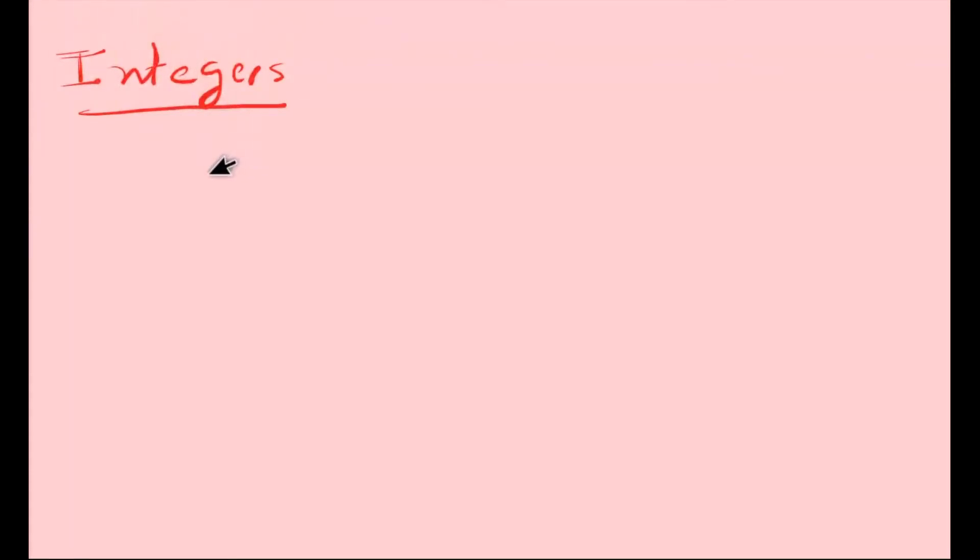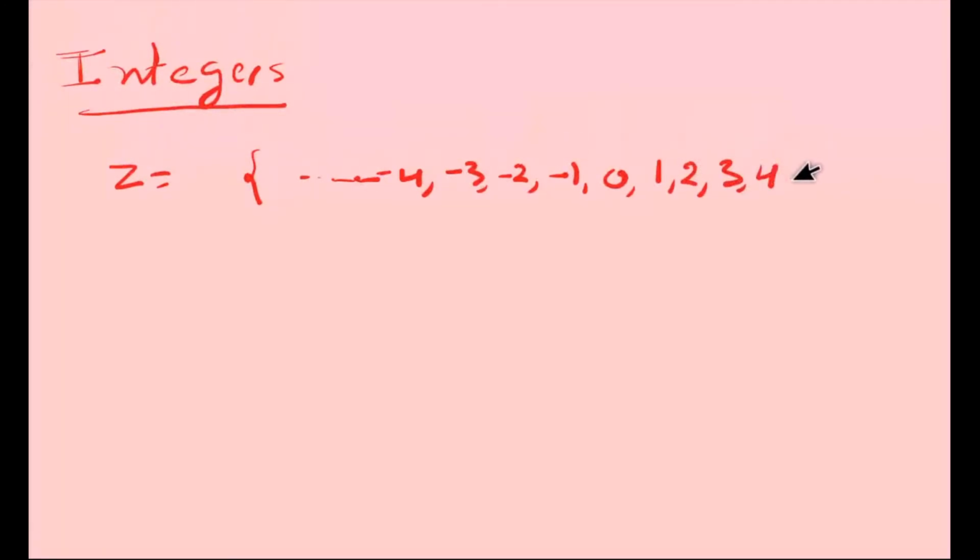Integers are denoted by Z, and as I have explained, from minus infinity up to infinity: -4 -3 -2 -1 0 1 2 3 4 and so on, these are known as Z, that is, integers. It is also denoted by I.